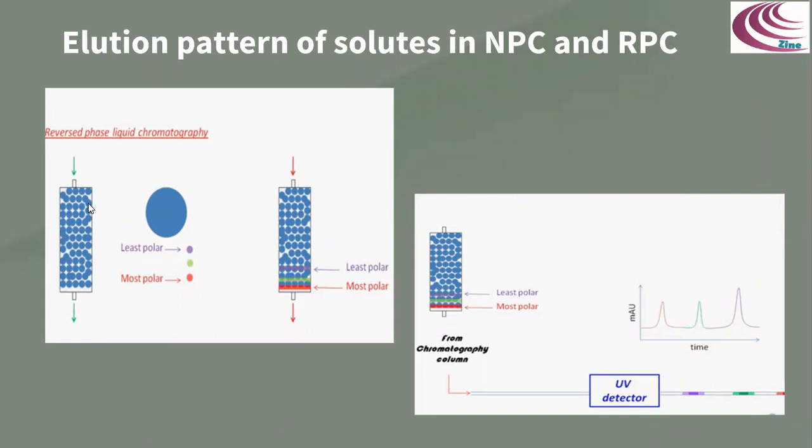Here, this is a column, and these are the solutes or analytes that we are going to separate. The analyte in blue color is least polar, green is intermediate polar, and red is most polar.